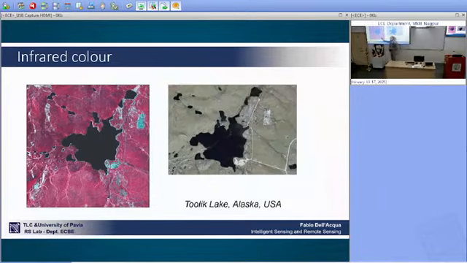So this is a so-called infrared color image, where you painted red the infrared component rather than the red component. And you see how the same vegetation, which is barely visible in a natural color image, emerges clearly when you leverage the infrared peak.